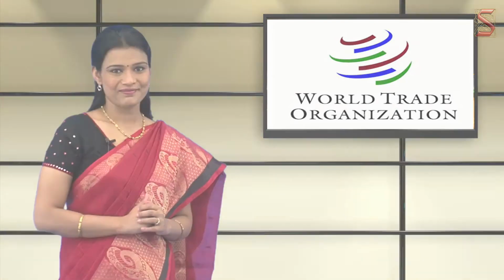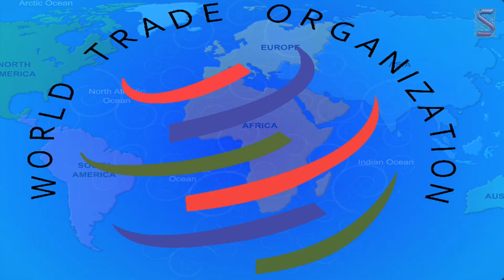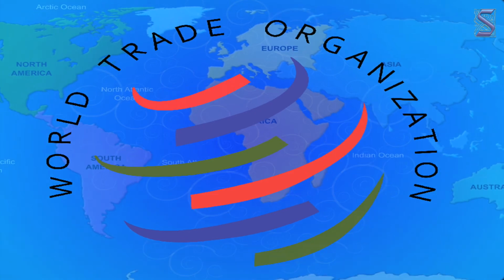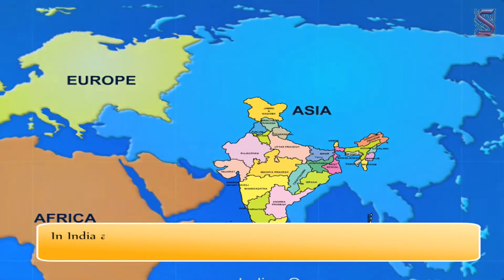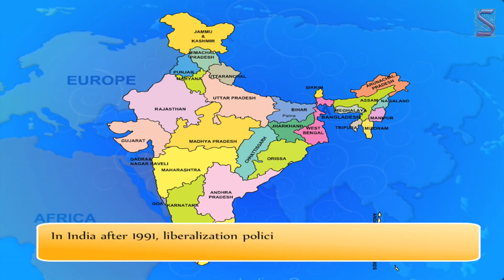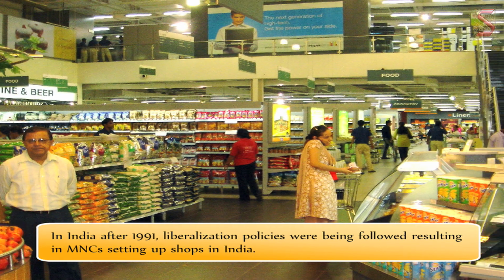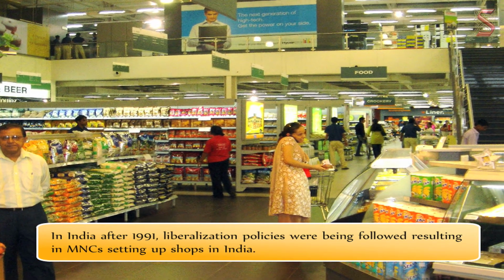Today, there are more than 150 countries as WTO members. WTO believes in unrestricted economic opportunity across the world. In India, after 1991, liberalization policies were being followed, resulting in MNCs setting up shops in India. The result is for everybody to see.